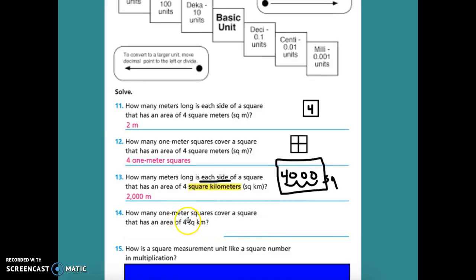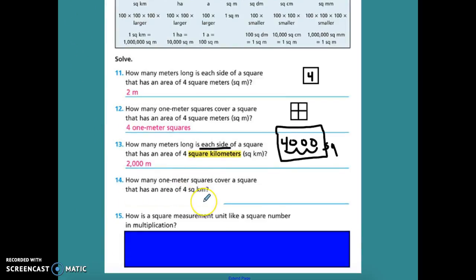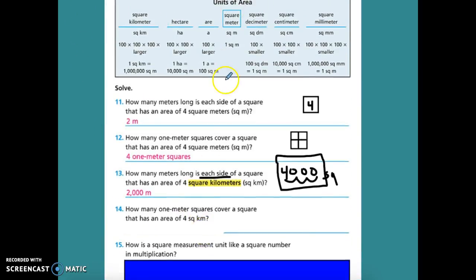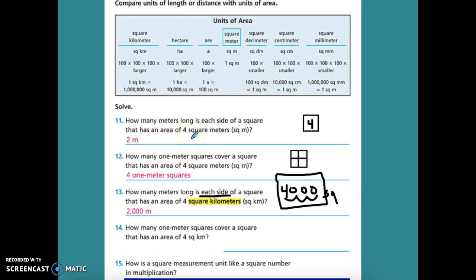Now, how many 1 meter squares cover a square that has an area of 4 square kilometers? All right, now for this one, we're going to use this other chart up here to help us. It says, how many 1 meter squares cover a square that has an area of 4 square kilometers? So I find my kilometers here, and we want to move to meters.